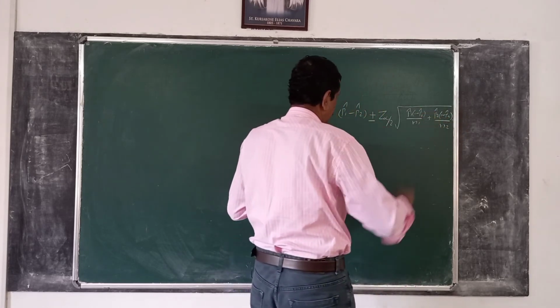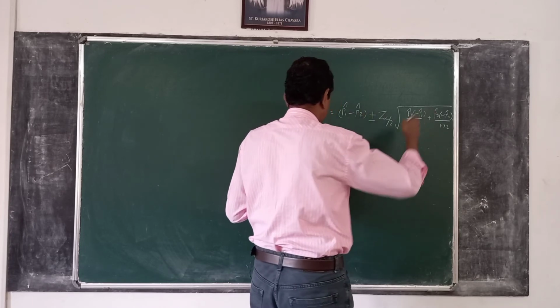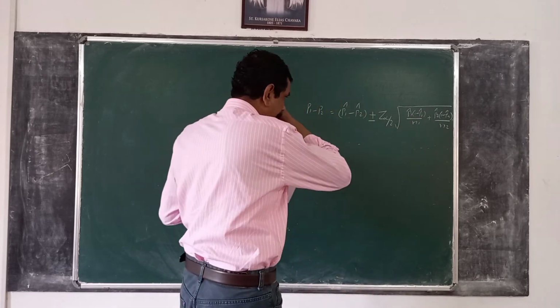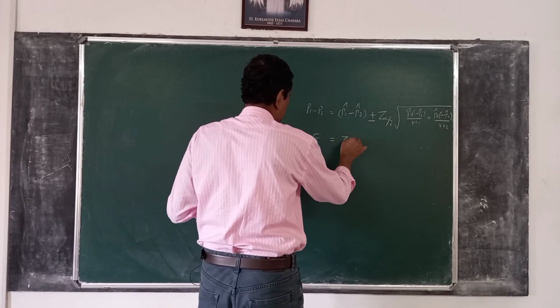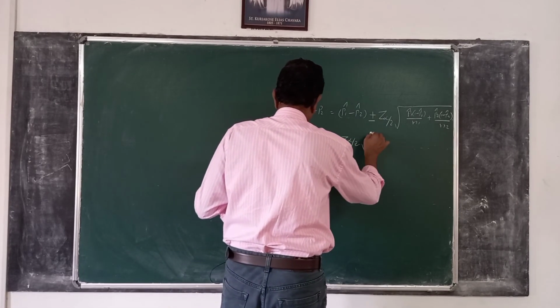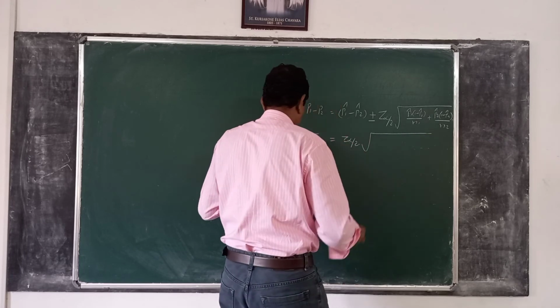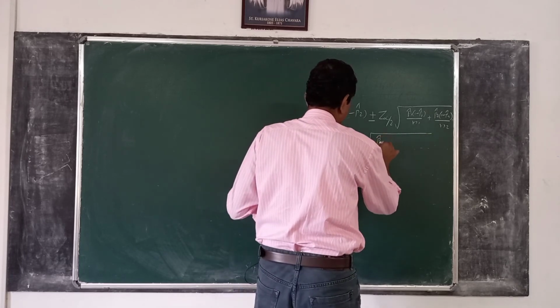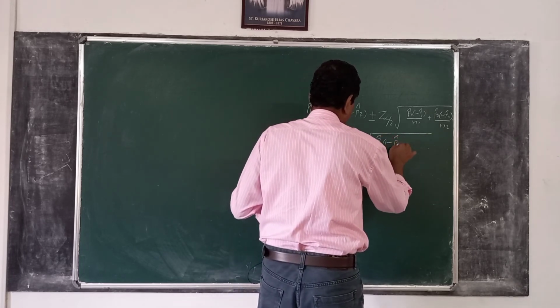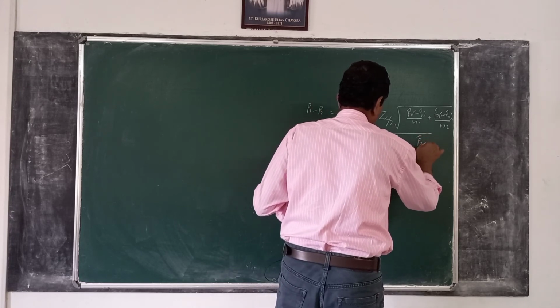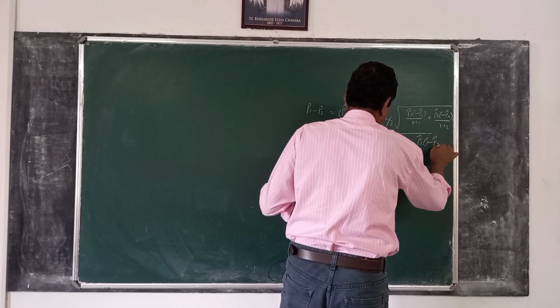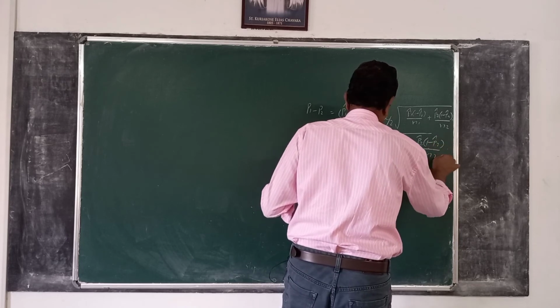In our example, if you substitute the values, you will get the results. And the margin of error is Z alpha by 2 into the root of p1 into (1 minus p1) by n1 plus p2 into (1 minus p2) by n2.